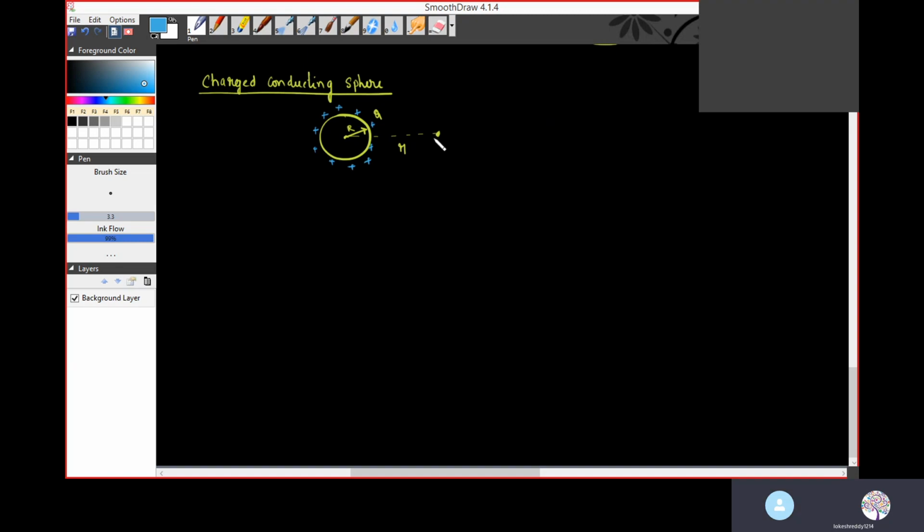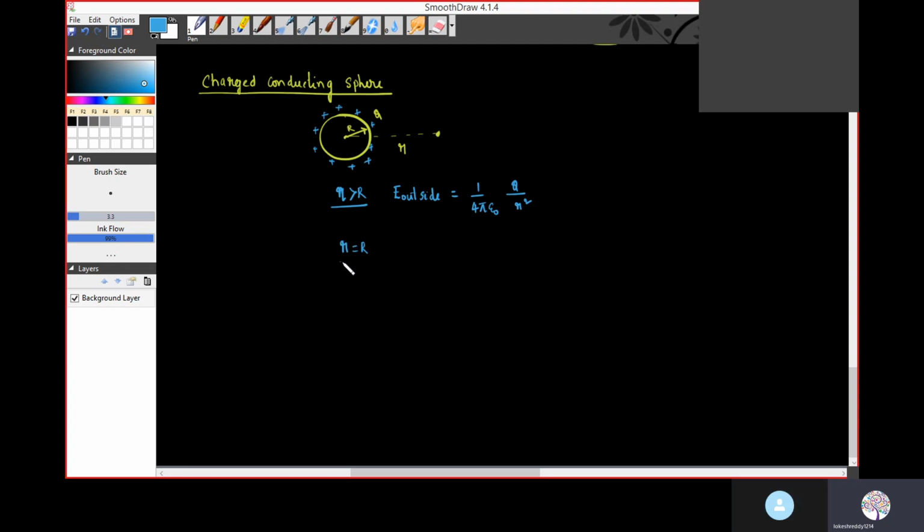At this point, we have to calculate the electric field. r greater than R means the electric field outside the sphere is E outside equal to 1 by 4 pi epsilon naught q by r square.